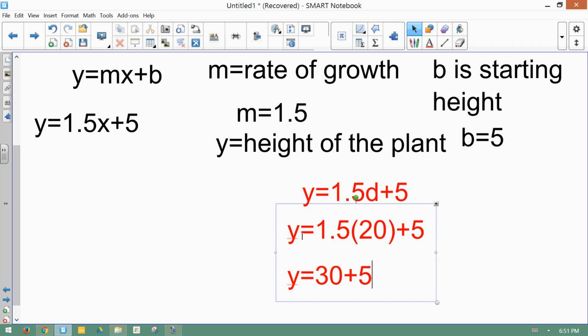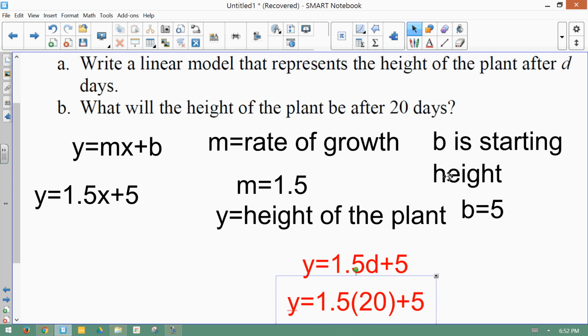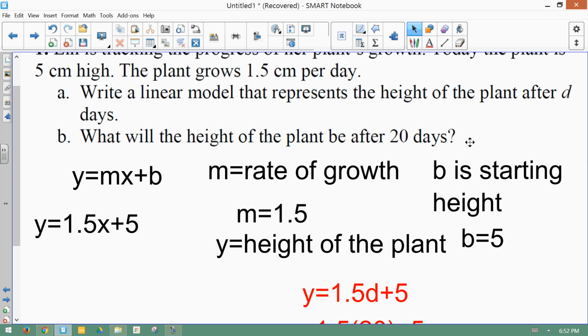Okay. You can check it out. This is actually like 50% growth. That's basically what that is. And so that's equal to 35. So the height of the plant after 20 days will be 35, in this case centimeters.